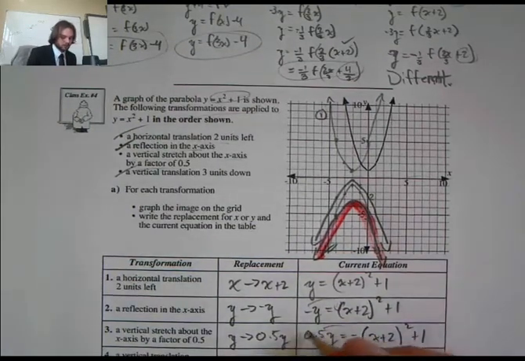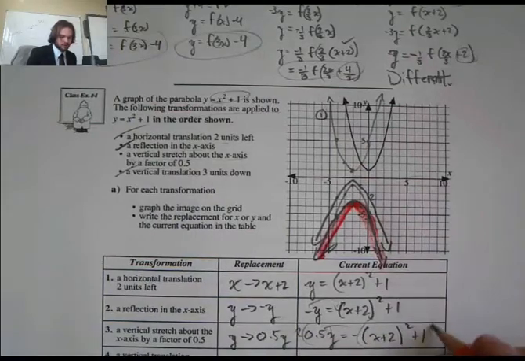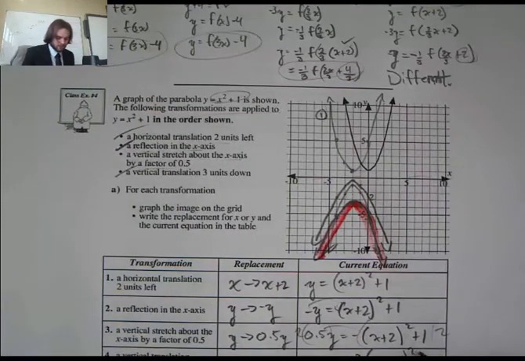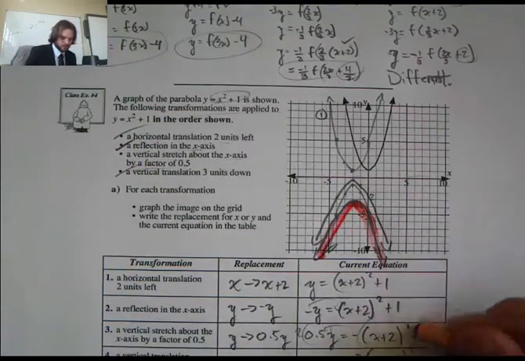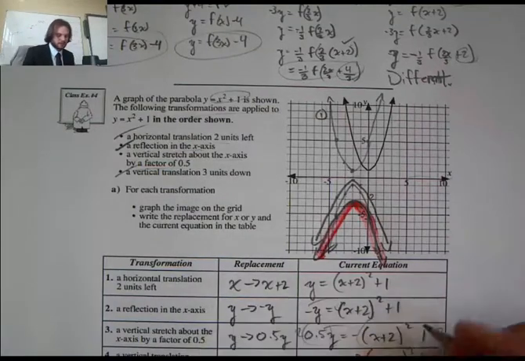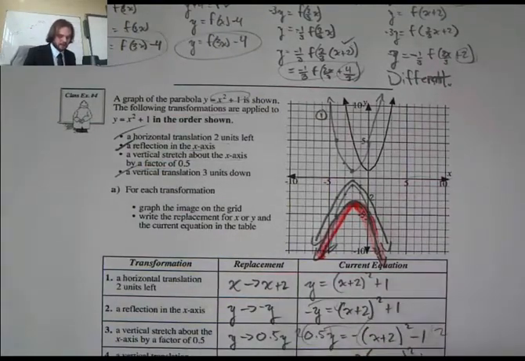So I'm moving this, multiply everything here by 2, multiply this by 2. So we have y plus 3 is equal to negative 2 x plus 2 squared, and then negative 1 here. If I move that over, this becomes negative 1. So we have negative 2. Okay? And then we have to move it 3.